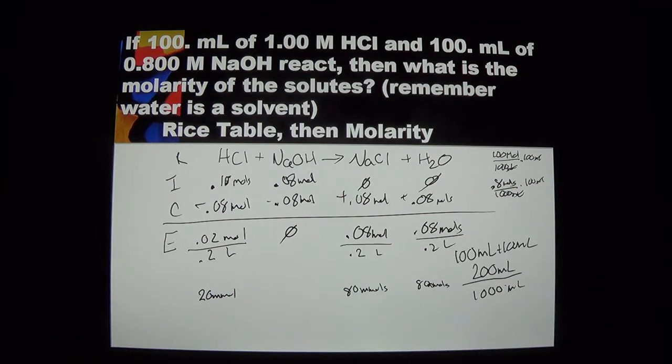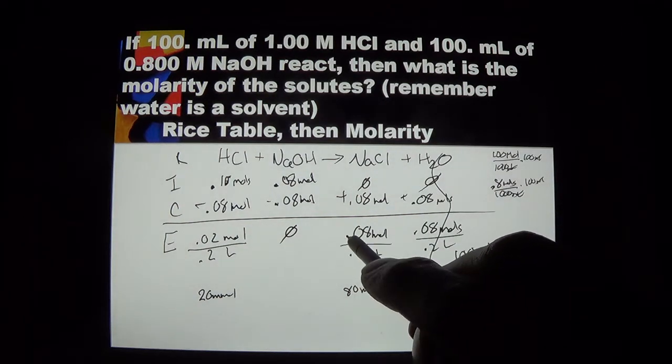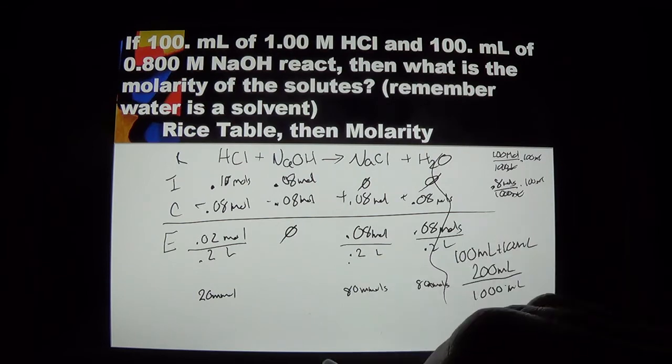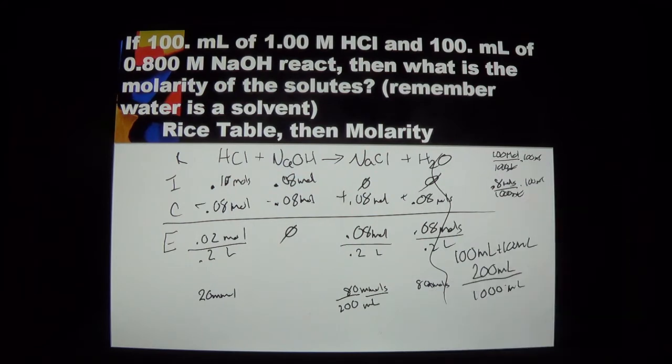So what was I asked for my final answer? I was asked to ignore water, so we're going to ignore water. And you don't have to scribble it out. I just want to dramatize my point. Over here I have 0.08 divided by 0.2. And you're like, what is that? Well, if it's any easier to see as 80 divided by 200, then there you go.